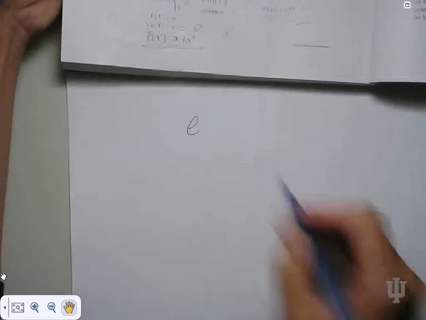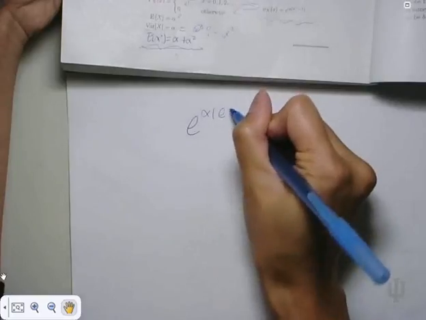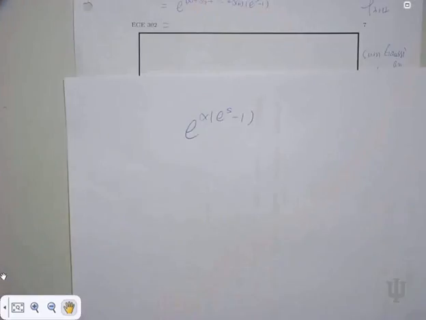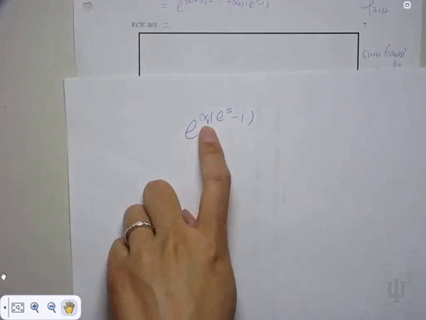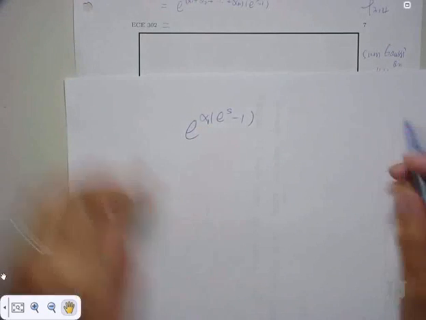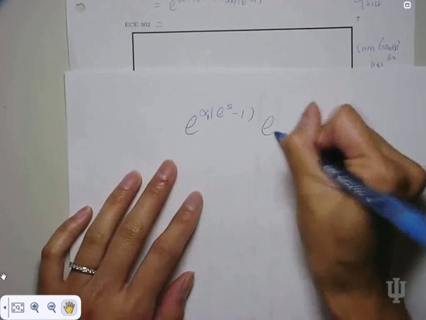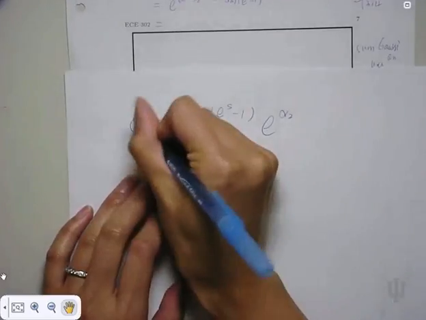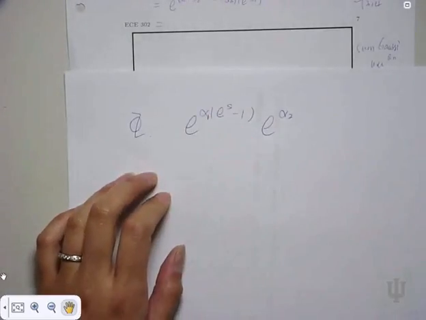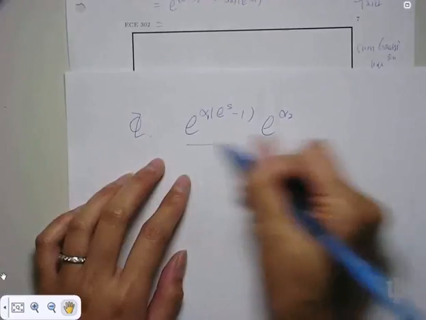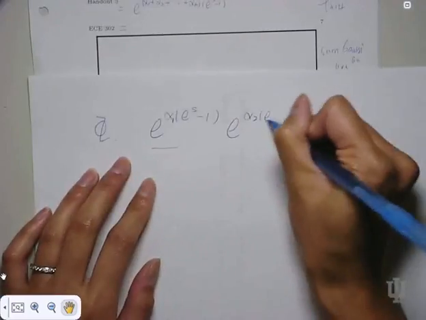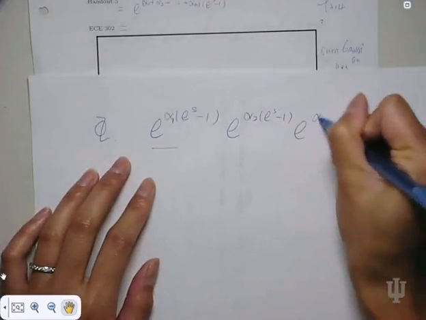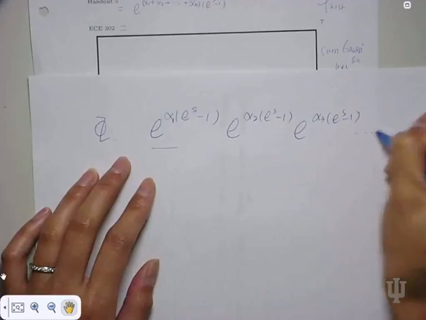It's e to alpha (e^s minus 1), right? This is the moment generating function for a single Poisson random variable. To differentiate between them, I use alpha 1, and so on. So the moment generating function is the product of those single moment generating functions, up to n.